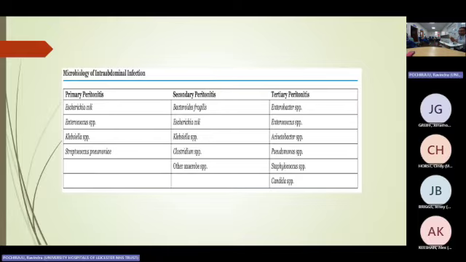And if you compare primary and secondary to the bugs that are responsible for tertiary peritonitis, you see bugs like Acinetobacter, which is a gram-negative, quite resistant organism, really don't want to deal with it in your patients. And things like Candida and Staphylococcus, some of which could be MRSA, and Enterococcus, some of which could be VRE.